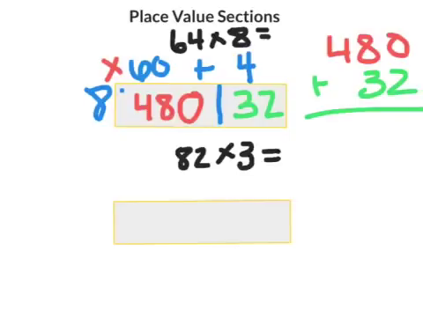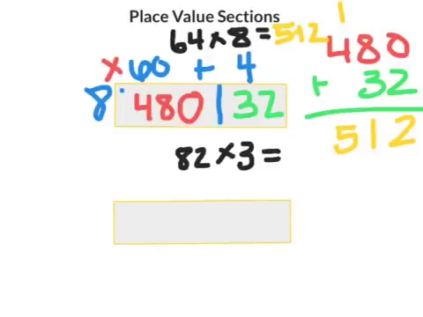So we'll go ahead and do this in yellow. So 0 plus 2 is 2. 8 plus 3 is 11. And then bring that down. So our answer is 512. So that is 64 times 8 equals 512. Alright, so let's do one more example together.